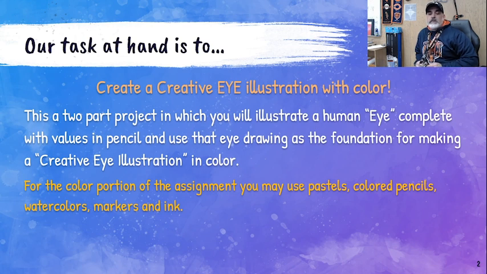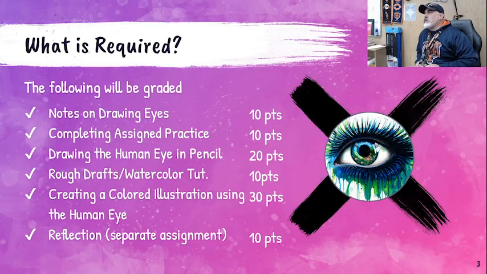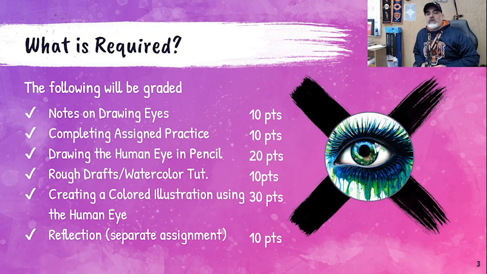For the color portion of the assignment, you may use pastels, color pencils, watercolors, markers, and ink. The following will be graded. Notes, which we are doing today on drawing eyes, completing the assigned practice sheet, drawing the human eye in practice, that is your part 1 final, your rough draft / watercolor tutorial.